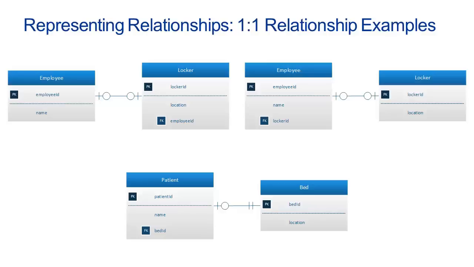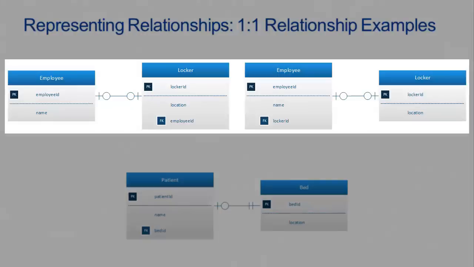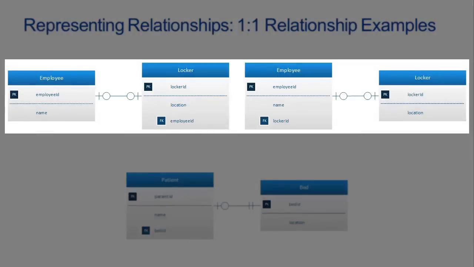Let's look at some examples. First, consider the relationship between an employee and a locker. This is a one-to-one relationship, such that an employee might be assigned one locker, and each locker might be assigned to a single employee. In this case, the minimum cardinality in this one-to-one relationship is 0 on both sides, that is, the relationship is optional in both directions, and therefore we can place the foreign key in whichever table we prefer.